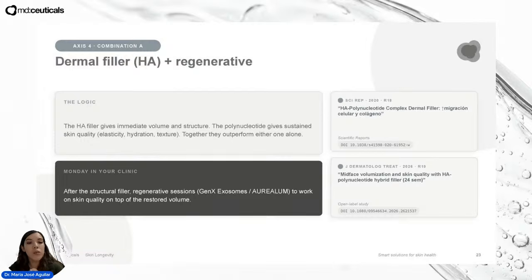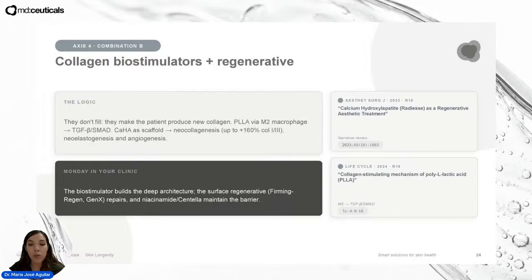This is the moment when we can see the skin get brighter, because it's not just about how we hydrate with the hyaluronic filler. It's also about giving this skin quality and volumization in a natural way.